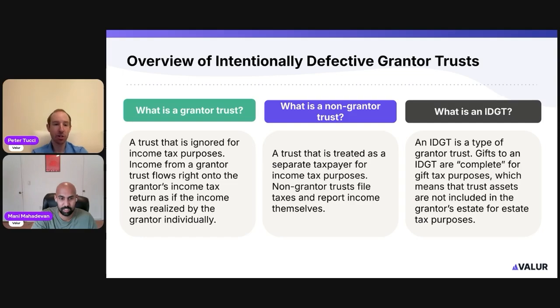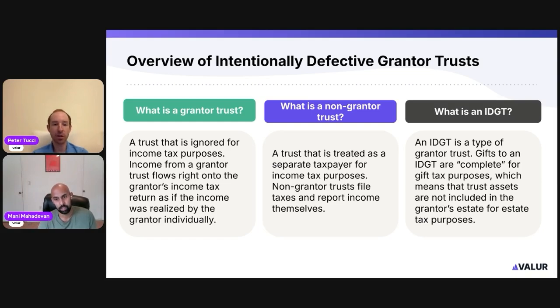So a grantor trust is basically a trust that's ignored for income tax purposes. It's treated like the taxpayer themselves. So it's like a single member LLC. You report it on your own 1040. Sometimes they file their own very short 1041 tax returns, but basically they're totally ignored for income tax purposes.